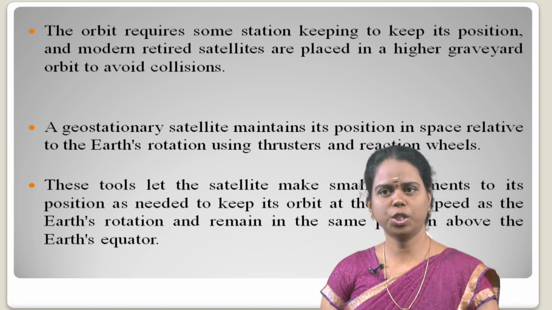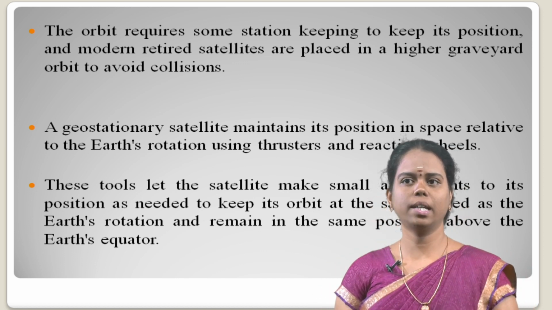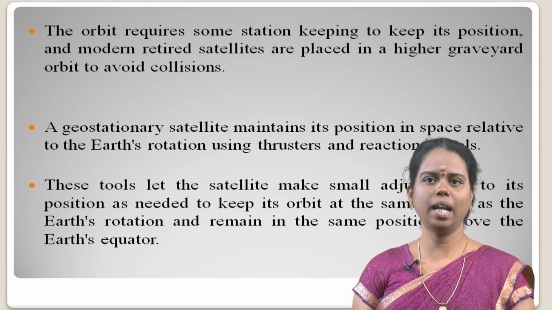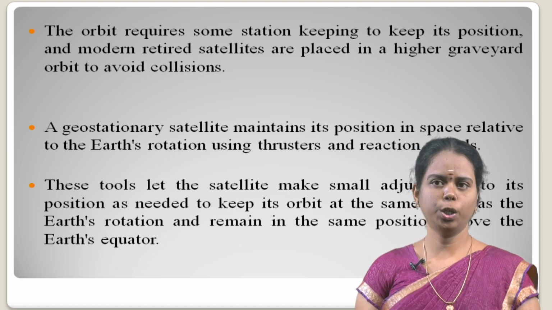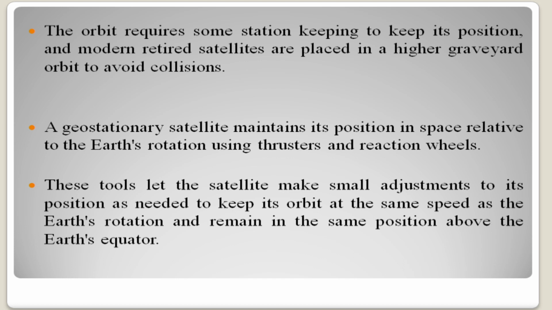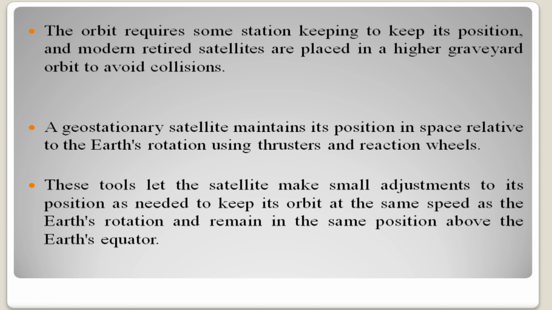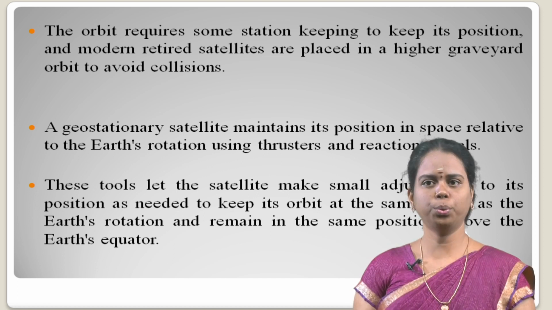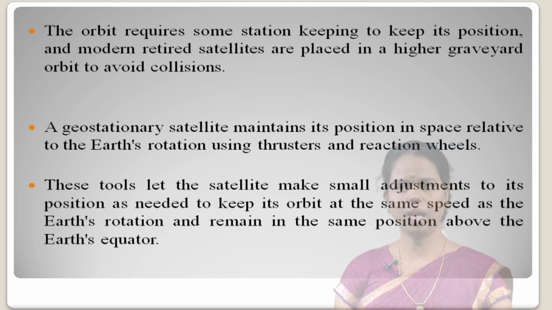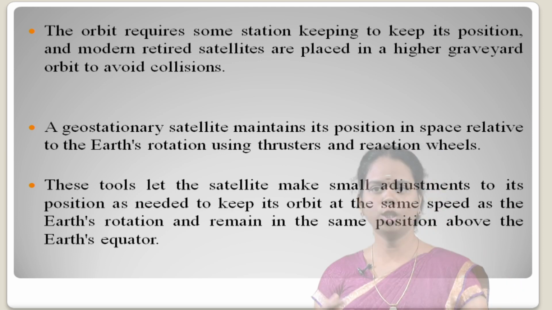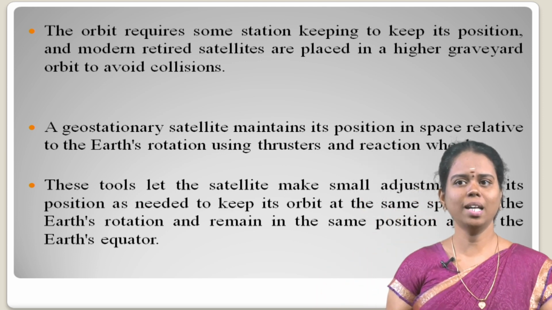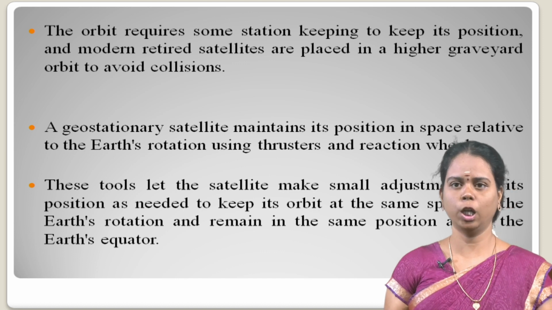A geostationary satellite maintains its position in space relative to the Earth's rotation using thrusters and reaction wheels. The thrusters on the satellite make small adjustments to its position as needed to keep its orbit at the same speed as the Earth's rotation and remain in the same position above the Earth's equator.